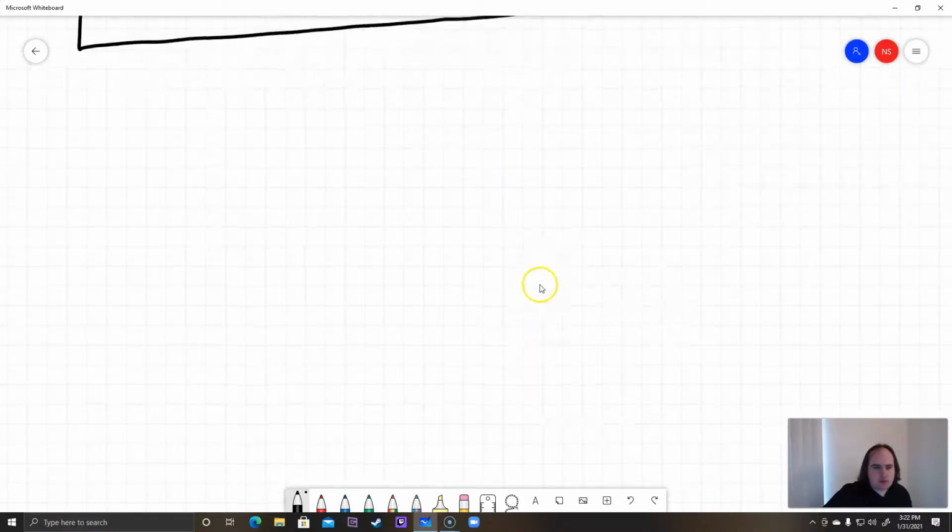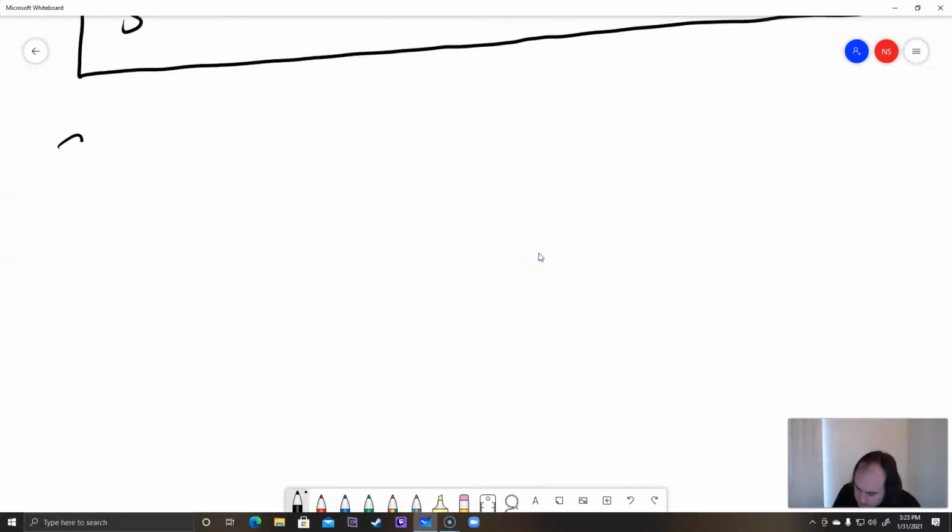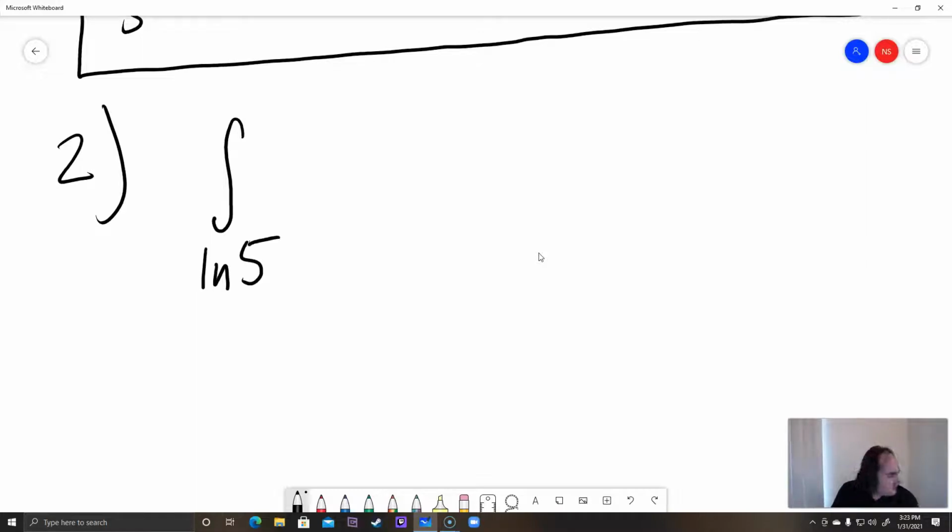Okay, so let's take a look at example number 2. This one is the integral from ln of 5, the natural log of 5, to natural log of 9. And here we're doing a very easy integral.